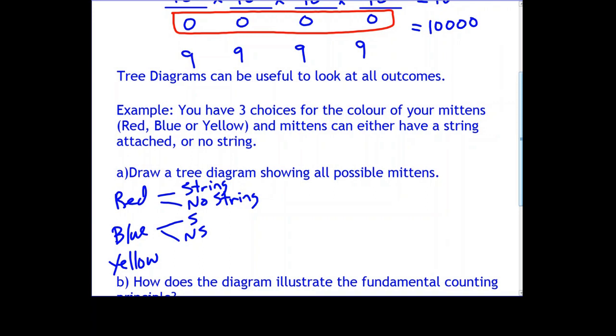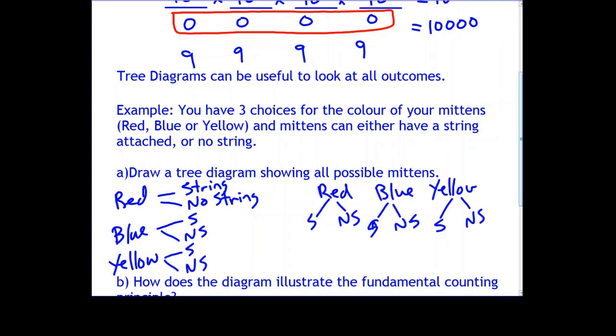Now, when we do a tree diagram, we can see that here's a possibility: red with a string, or another possibility, red with no string. We can go through the entire list and count up how many possibilities there are. It turns out that the number of possibilities is equal to the number of branches in our tree diagram. Here's one branch, here's another, another, another, another, and another. So in total, 6 branches, so there are 6 possibilities for mittens here.